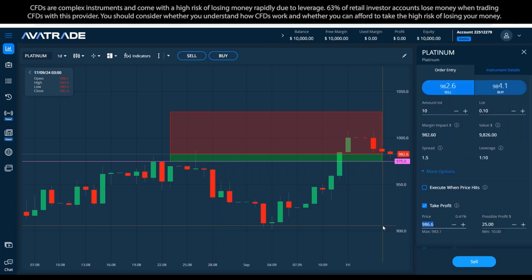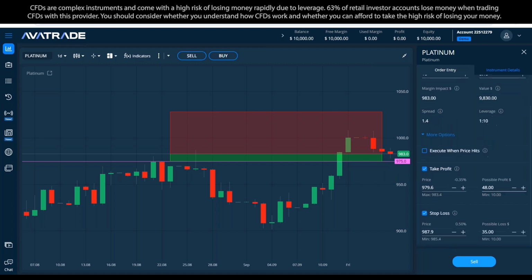Oh, sorry, we are with the sell. As you can see here, this is not giving us a precise number because of the spread and platinum keeps moving down. So if I have to take 4 out of that, it becomes a little higher.